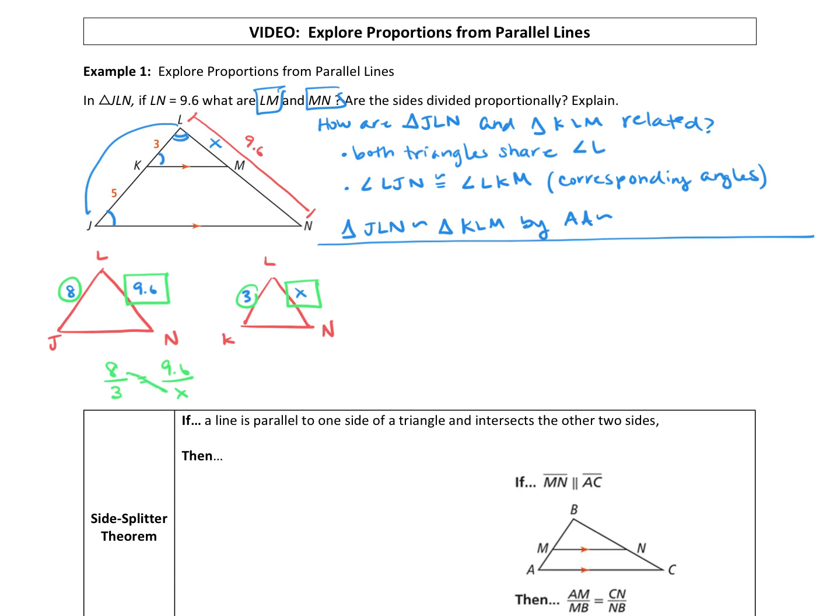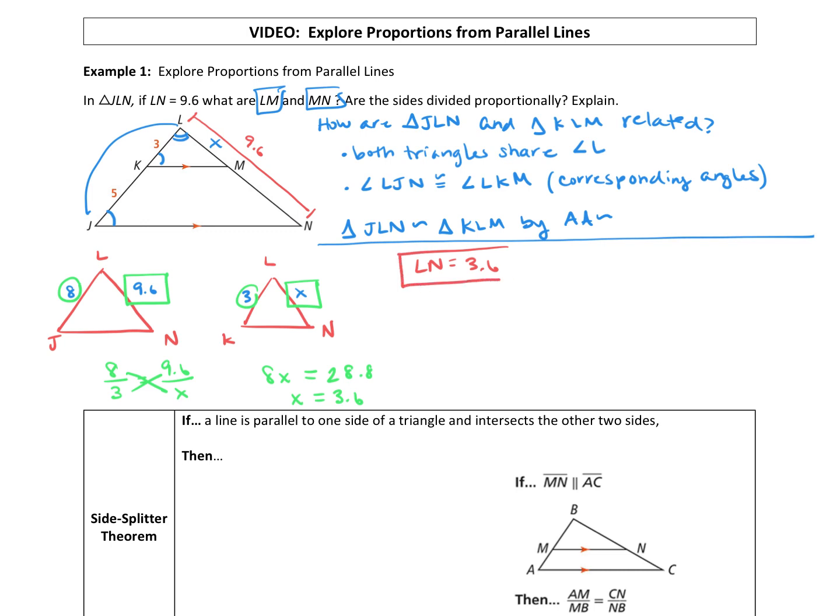One cross product is 8 times x, which is 8x. We set that equal to the other cross product, 3 times 9.6, which is 28.8. When you divide both sides by 8, you get x equal to 3.6. We said that x was our side LM, which is one of the things we're looking for. So we just found that LM is equal to 3.6.